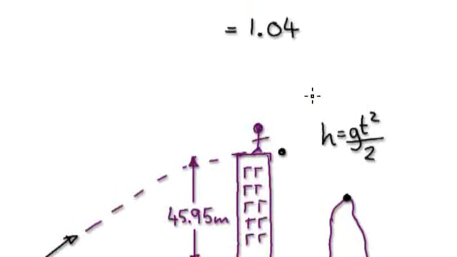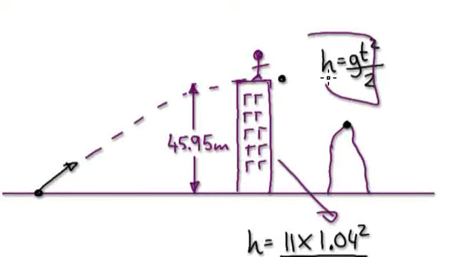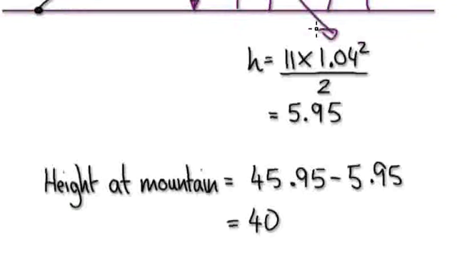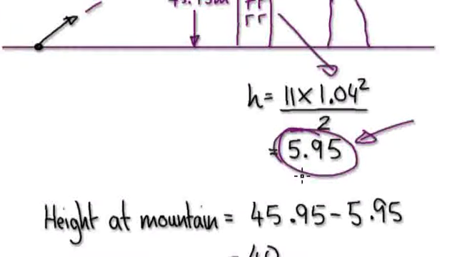So now it has fallen 1.04 here. Okay, so you put that into this formula here. Okay, and then that will give us this here. So this number here represents the distance it has fallen by the time it gets to the mountain.